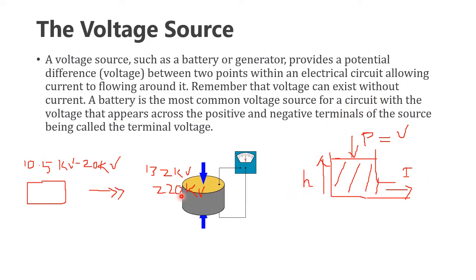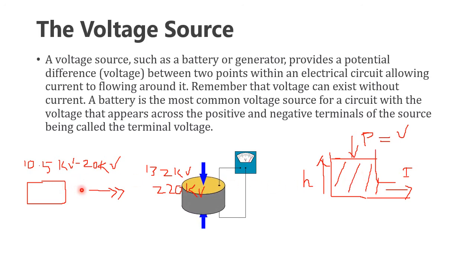So why do they use high voltage to transmit? Normally the generating voltage is 10.5 kV. Then they step it up to 220 kV or 132 kV based on their requirement. What is the purpose? Why do they step up this voltage? The reason is the generating station is too far from the receiving station, the consumer's home or the supply station.